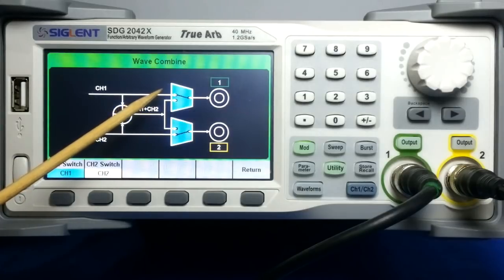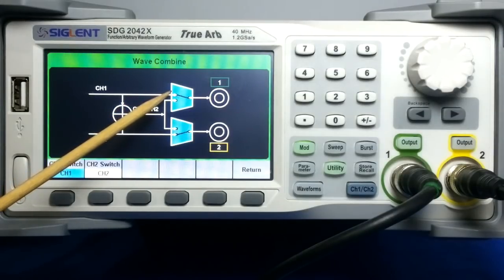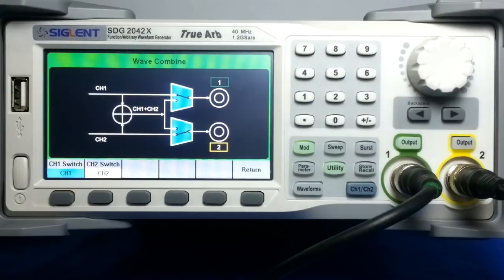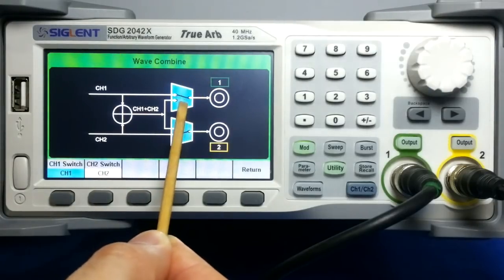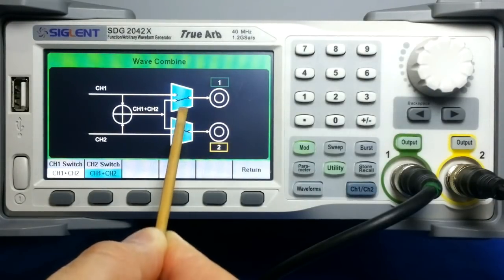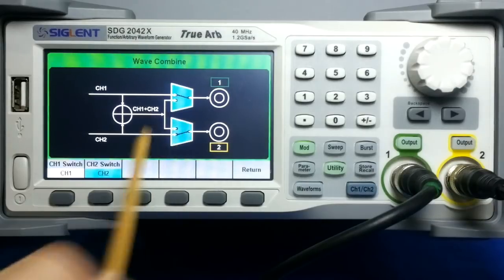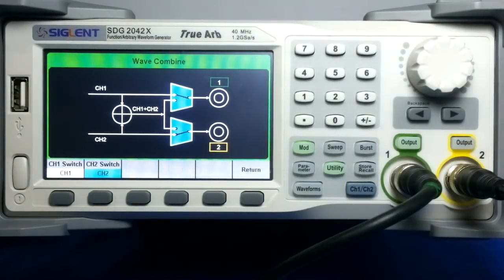If you pay attention to the switch, I will use the touch screen. Channel 1 can be mixed with channel 2, and I can decide where I release it.